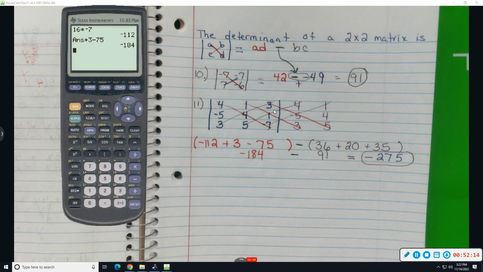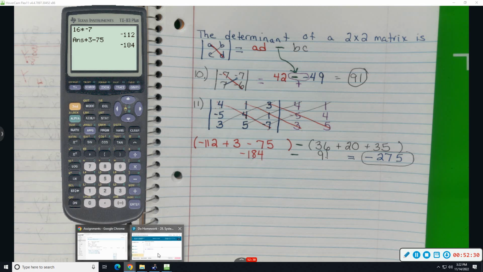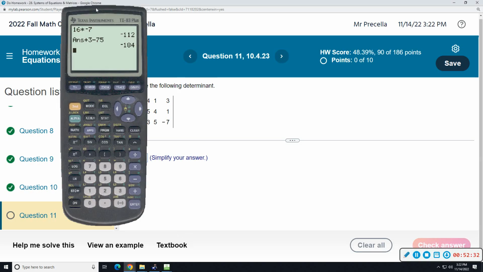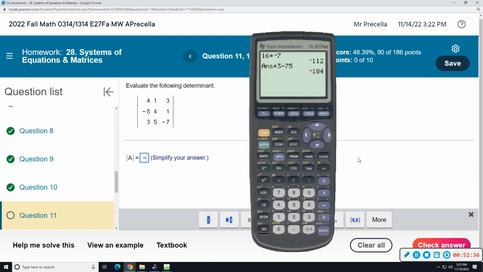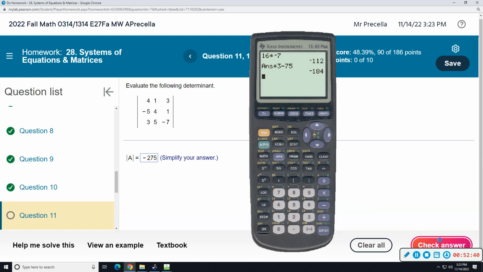Okay, so finding these determinants, the 3 by 3 ones can be pretty tedious. Now the 2 by 2, the little ones like that, it's not that bad at all. Right? Let me punch in negative 275. Check my answer.